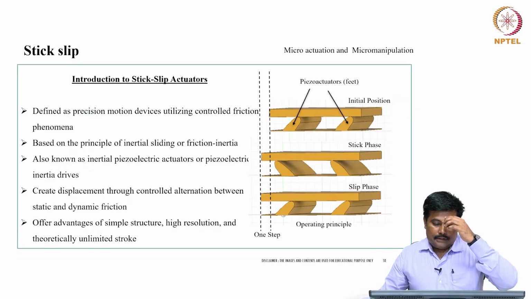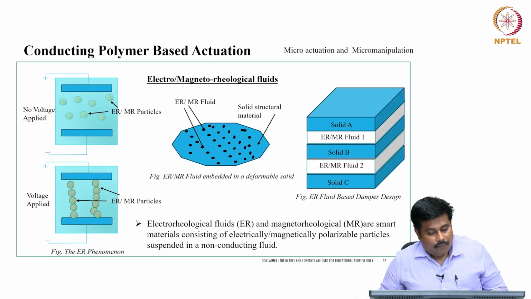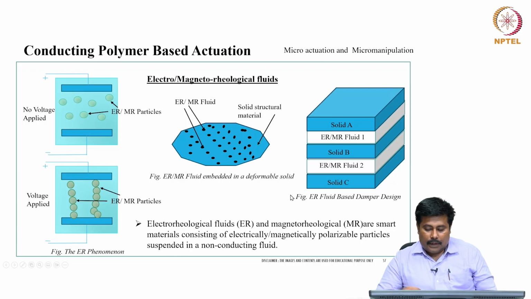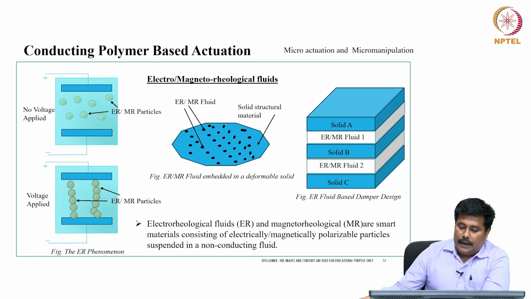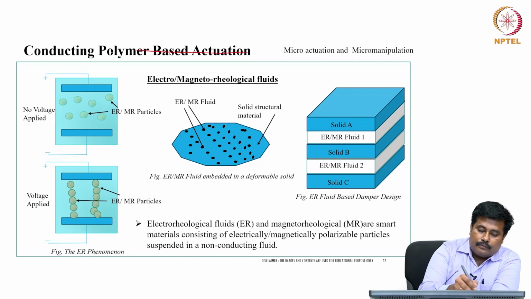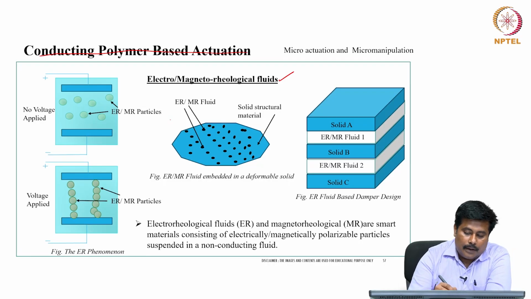This is an interesting system, which is called an electromagneto rheological fluid based system. Electro and magnetorheological fluids are smart, consisting of electrically and magnetically polarized particles which are suspended in a non-conducting fluid.